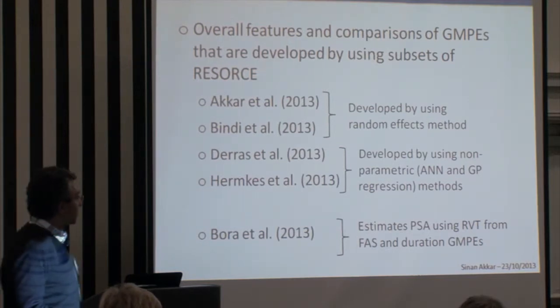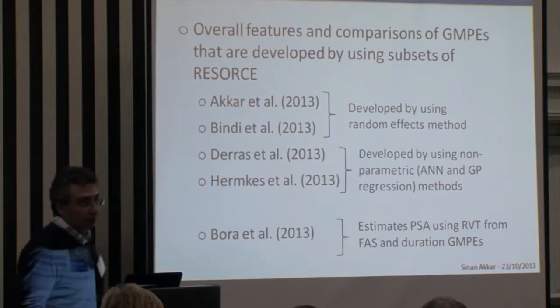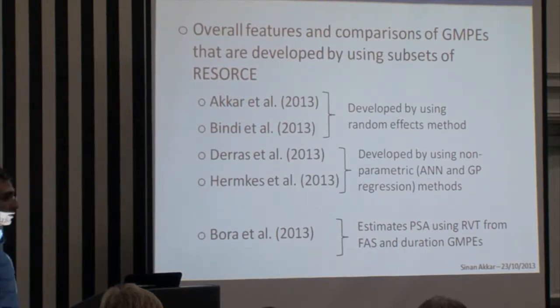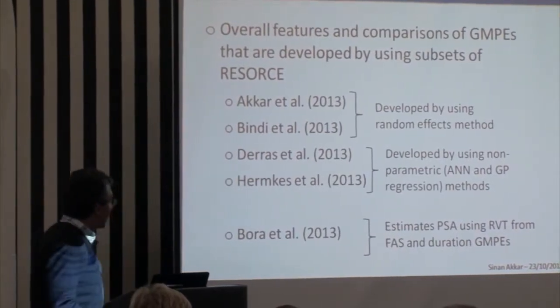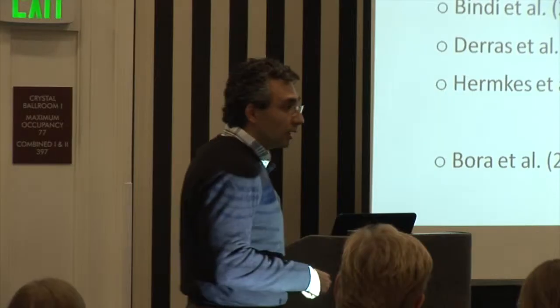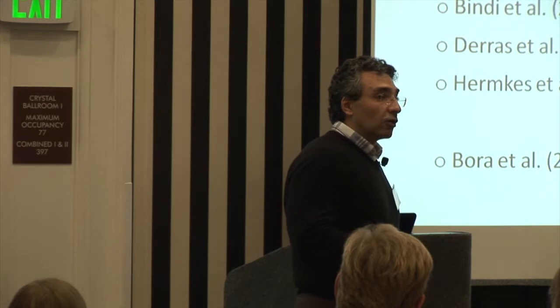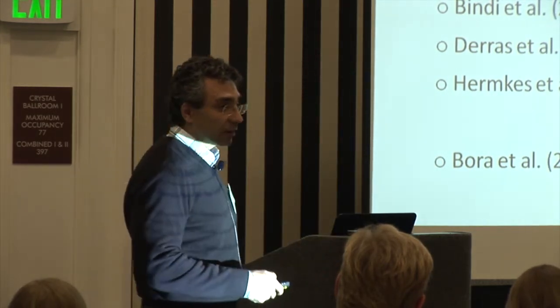We developed our models by using random effects regression methodology, which is quite traditional, conventional right now. The other 2 models, developed by Derras et al. and Hermkes et al., preferred using data-driven or non-parametric methods.